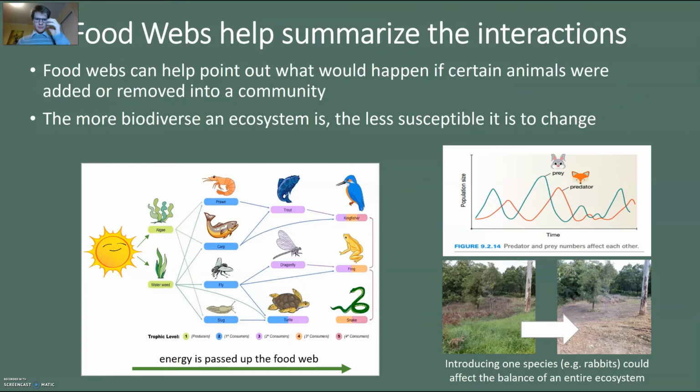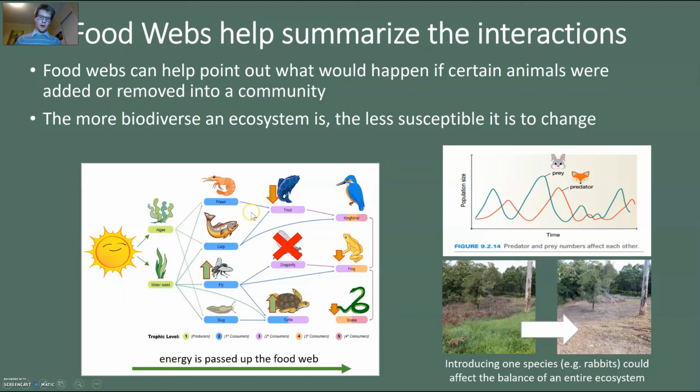What I mean by this is, if you were to take out one organism in a food web, say we took out this dragonfly, that has repercussions. That would mean that the animals that eat the dragonflies, so the frogs, there'd be less of them, but there'd be more of the animals that the dragonfly ate. And that has even further repercussions. Say, for example, because there's more flies, there's now going to be more turtles, and there's going to be fewer snakes because there's fewer frogs.